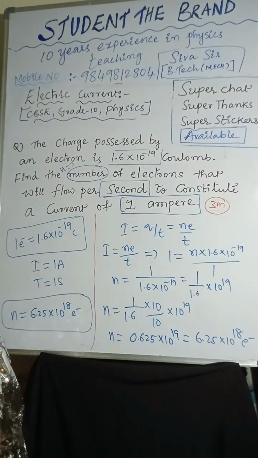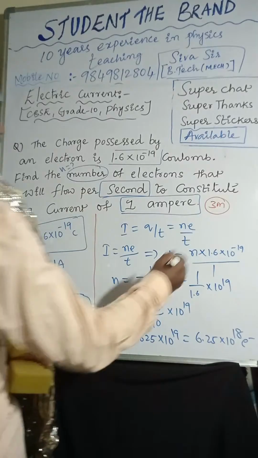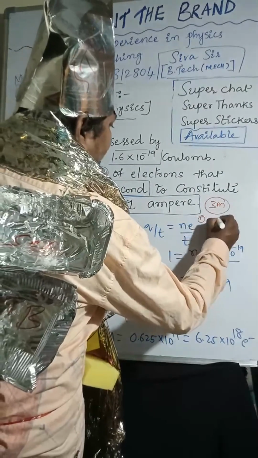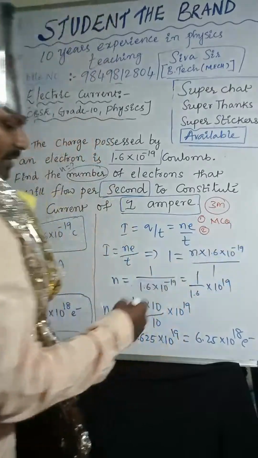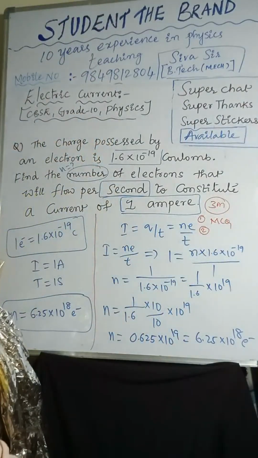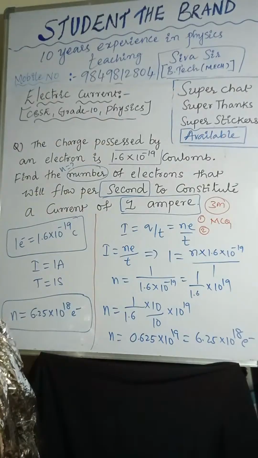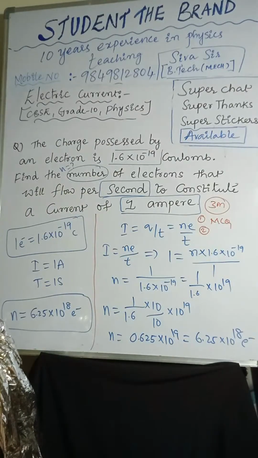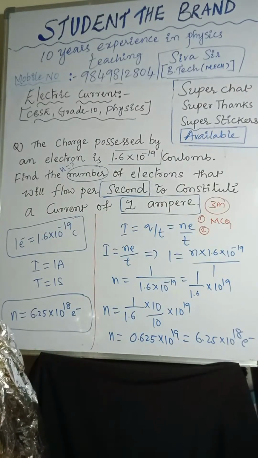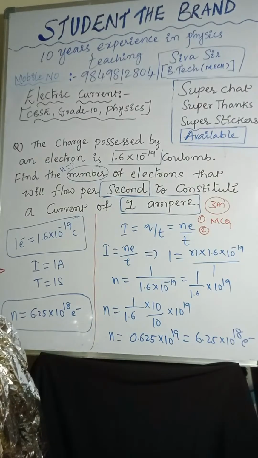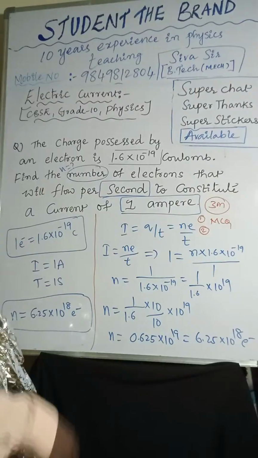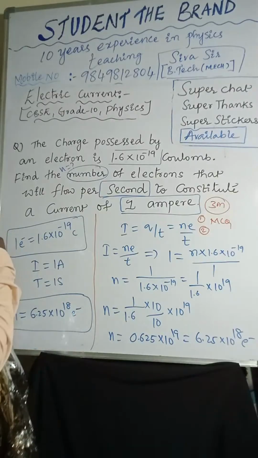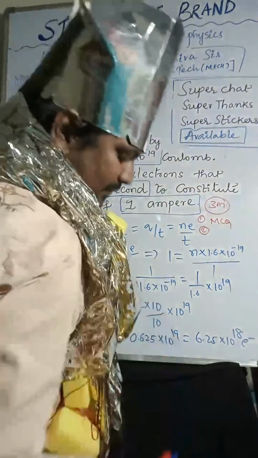From the MCQ point of view, the theory point of view, or as a question, they will give it. So make sure that you are practicing this one. We'll go to the next question.